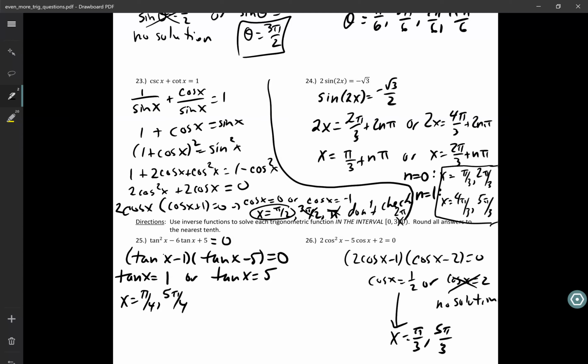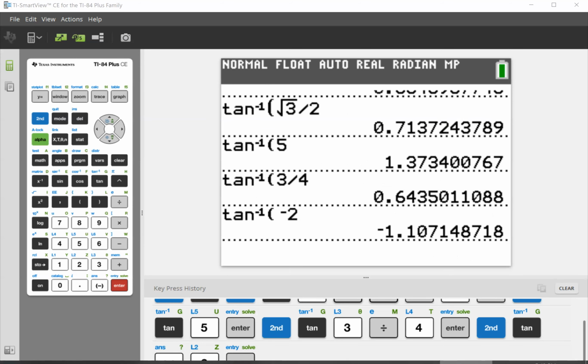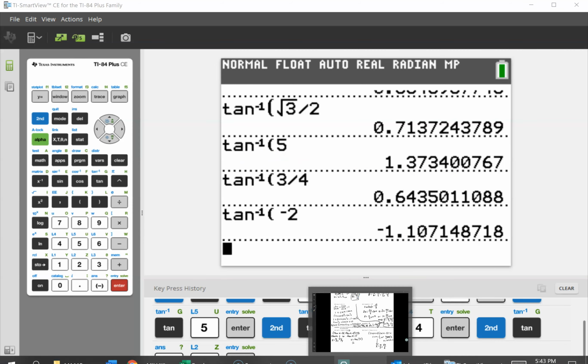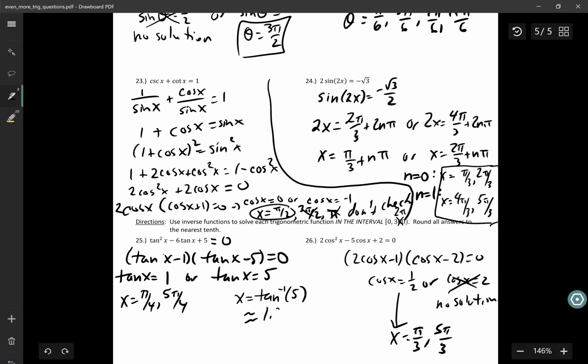This one, I don't know an x value that will give me tangent of x equals 5, so I'm going to do the inverse tangent. And if I go to the calculator again, I think I already have that on the screen. Inverse tangent of 5 is 1.3734.